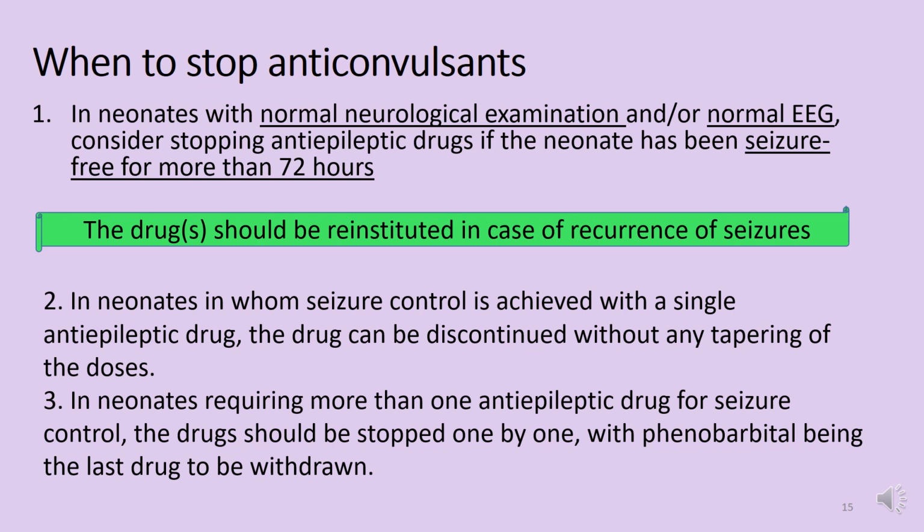And in that case, phenobarbital is usually the last one to be withdrawn. And of course, you are observing whether they are getting back into seizure mode or not. Once they have been seizure-free for 3 days, their neurologic examination is normal, their EEGs are normal, then those are candidates or neonates whose anticonvulsant medication should be stopped.